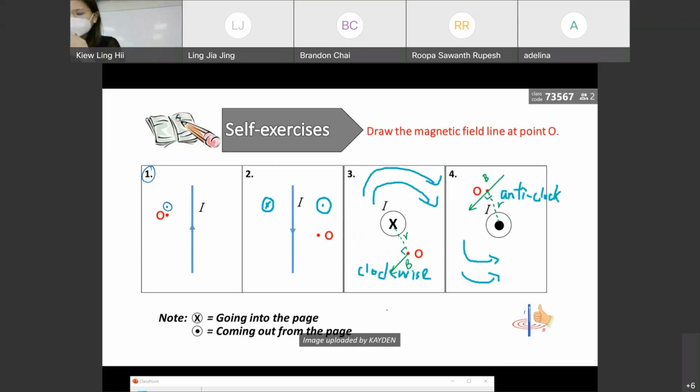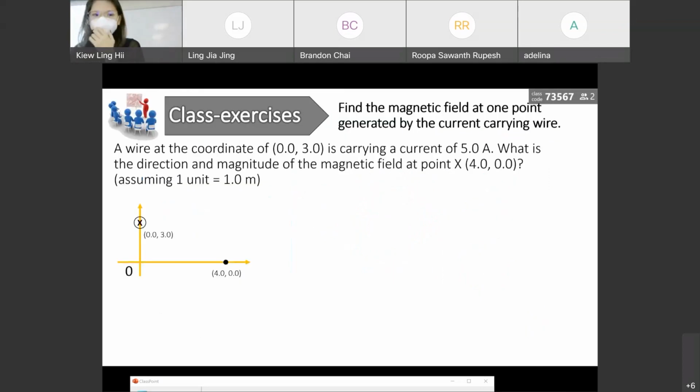Now let's look at the exercises. This is a sample of questions whereby you have to determine both direction and also the magnitude. A wire at the coordinate of 0, 3 carries 5 ampere.